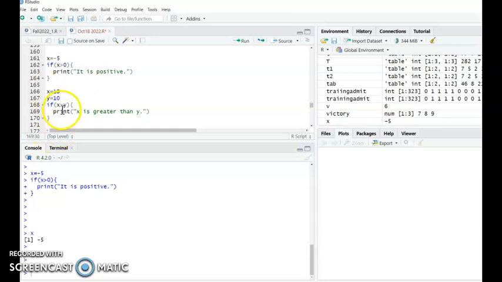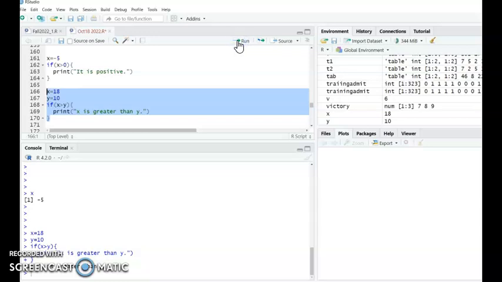That's it. I'm going to run this, and since the conditions hold, that is x greater than y, you see this message, x is greater than y.